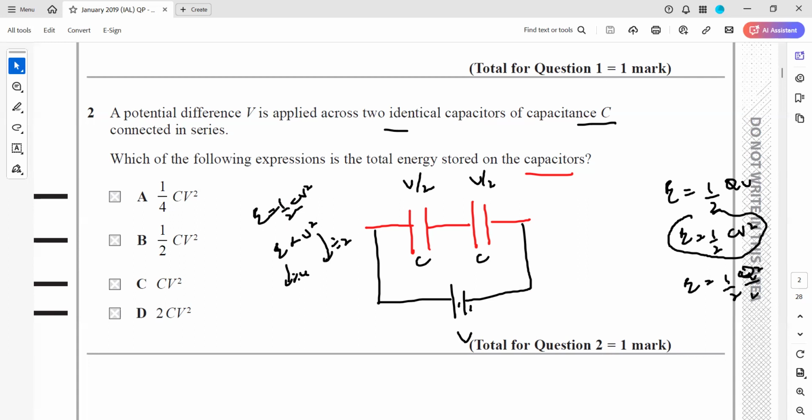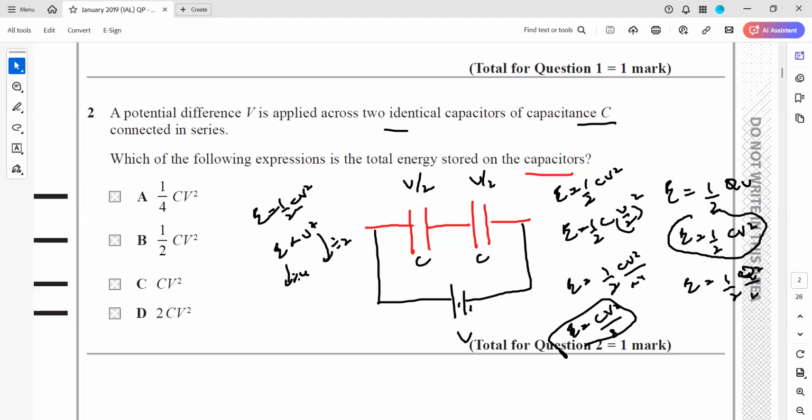As E is half CV square and the voltage becomes half, I can say half C times V by 2 whole square, which simplifies to half CV square by 4, or E equals CV square by 8.